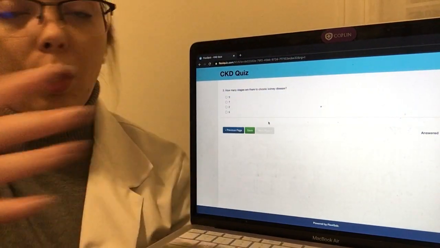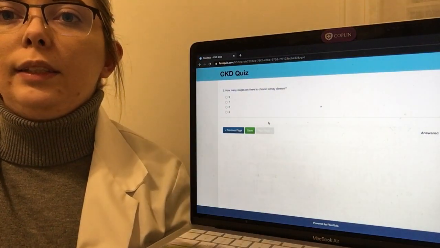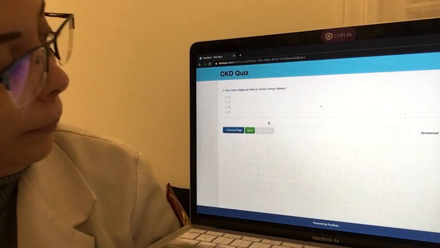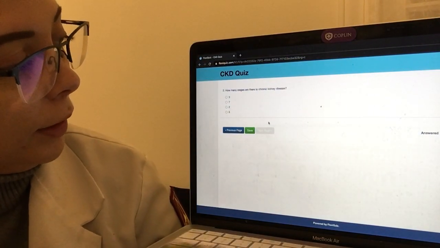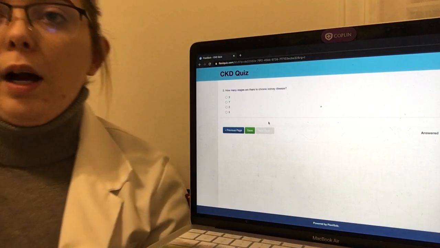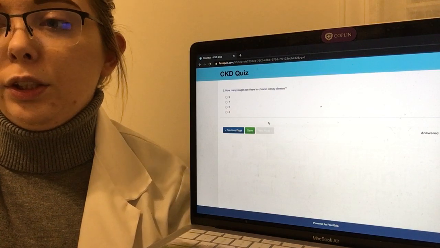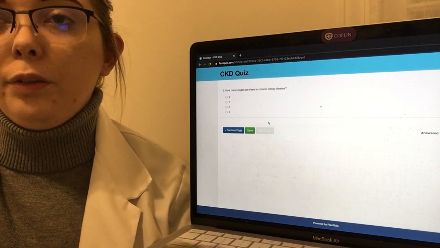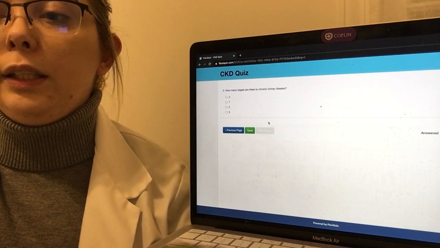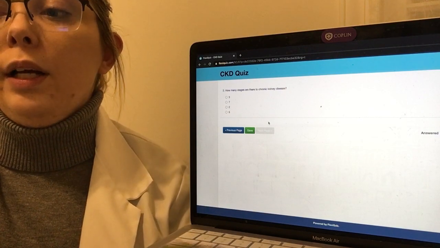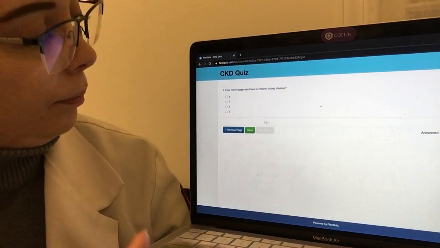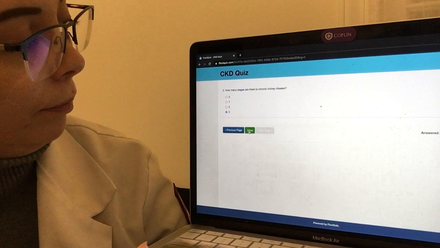How many stages are there to chronic kidney disease? So the options we have are 3 stages, 7, 2, and 5. With CKD, there are 5 stages ranging from minimal, mild, moderate, and severe to finally kidney failure or end-stage renal disease. So that is 5.